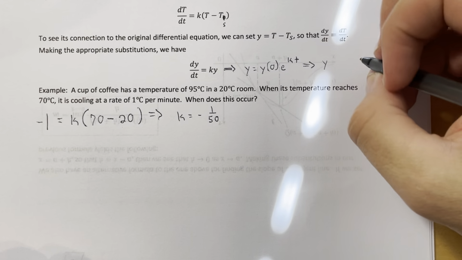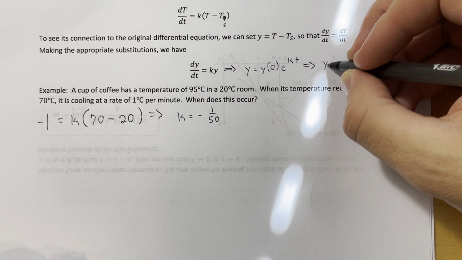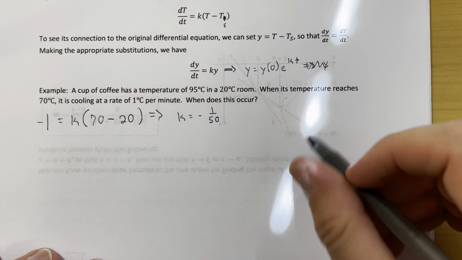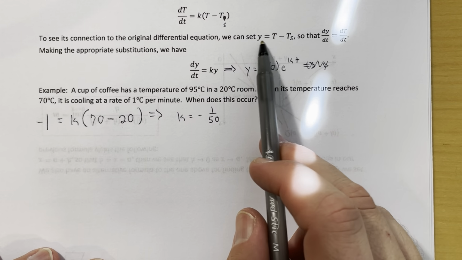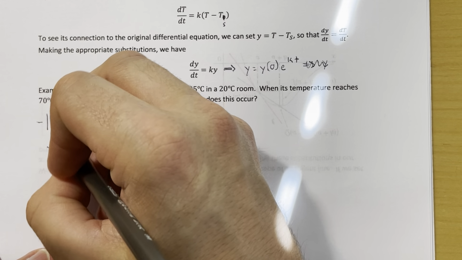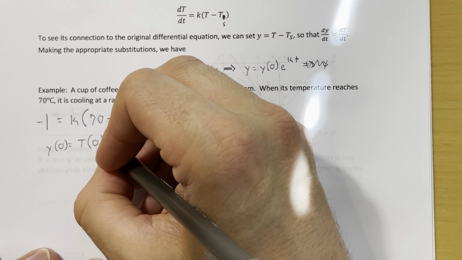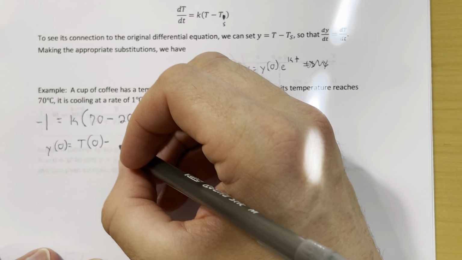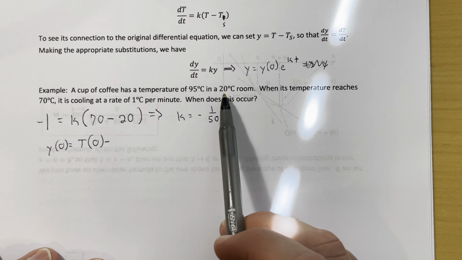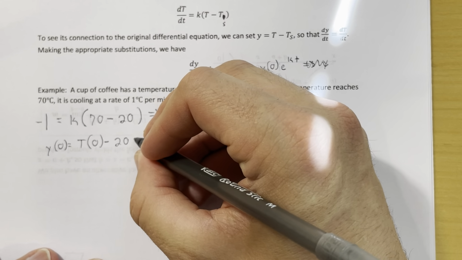Let's change things back in terms of t for a moment. No, I'm sorry. I don't want to get too far ahead of myself. What is y naught based on how we defined y up here? Y naught is equal to T of 0 minus my surrounding temperature. My surrounding temperature is 20 degrees. Okay?